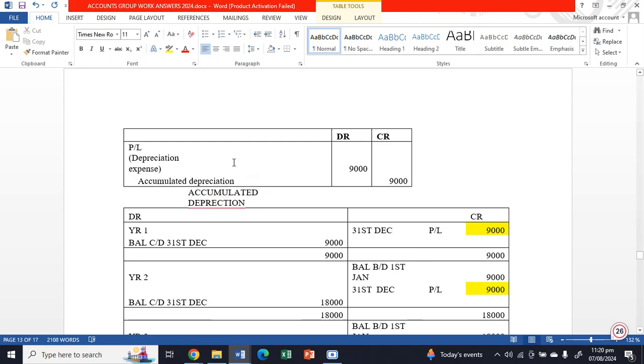And then you credit accumulated depreciation. All right. So accumulated depreciation, as the years go by, this accumulated depreciation increases.